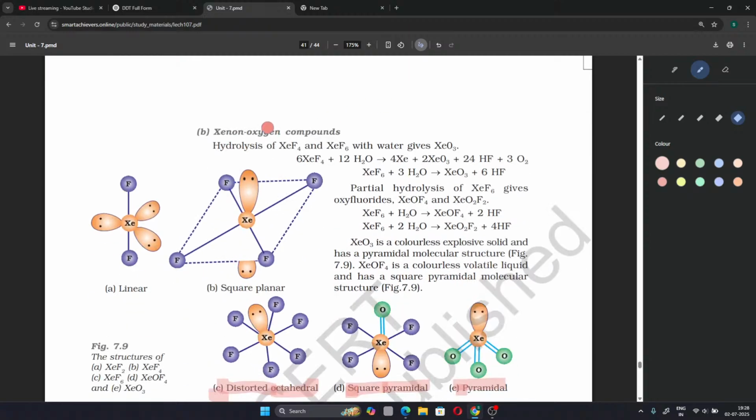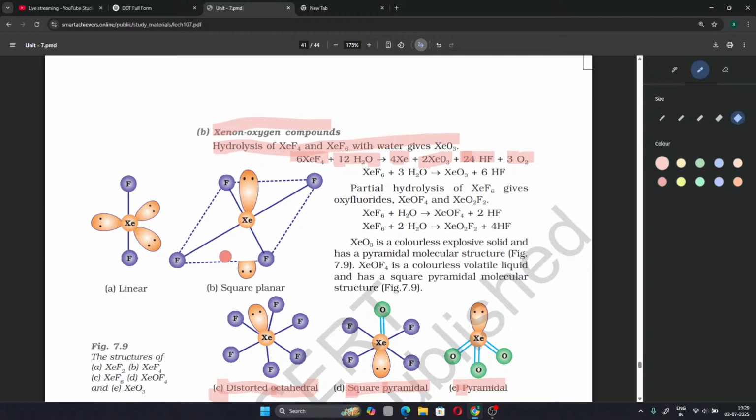Xenon oxygen compounds. Hydrolysis of XeF4 and XeF6 with water gives xenon trioxide. 6XeF4 plus 12H2O gives 4Xe plus 2XeO3 plus 24HF and 3 O2.